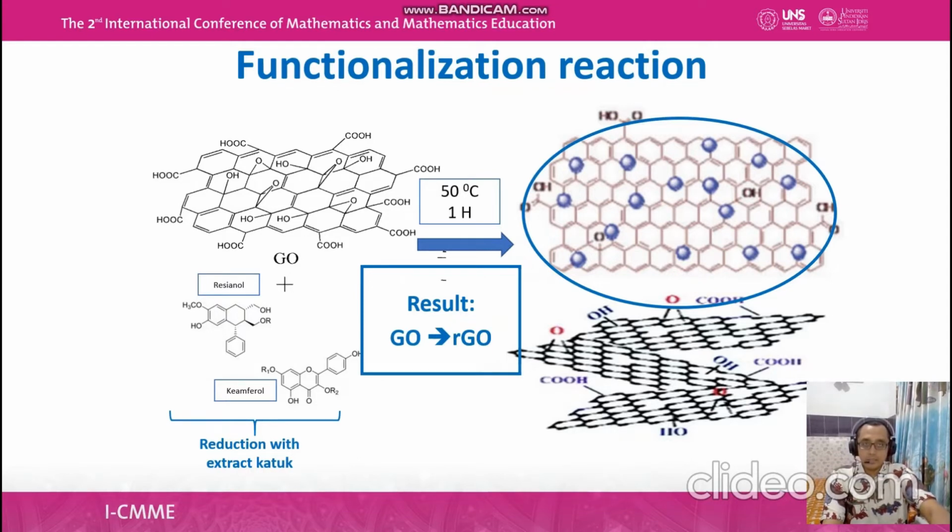RGO is still an outstanding material for a wide range of applications, as it has a coarse and less demanding manufacturing process compared to pure graphene. Especially, it is preferred in applications that require a large amount of material.